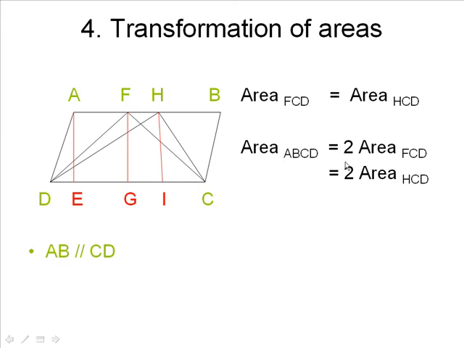And we can use this property as a kind of transformation, because we can transform the area of this triangle to this triangle. So we can use this transformation to prove lots of properties, for example, in the homework problem, to prove the Pythagorean theorem.